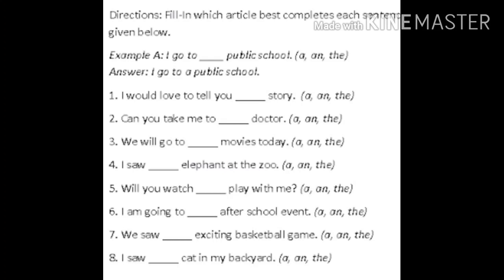"Exciting" starts with E, and E is a vowel. So the answer will be: we saw an exciting basketball game. The last sentence: I saw dash dash cat in my backyard. "Cat" starts with C, and C is a consonant. So we will write "a" here. I saw a cat in my backyard.